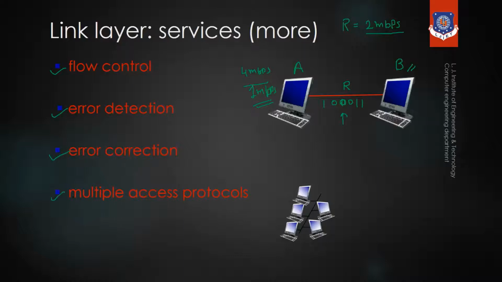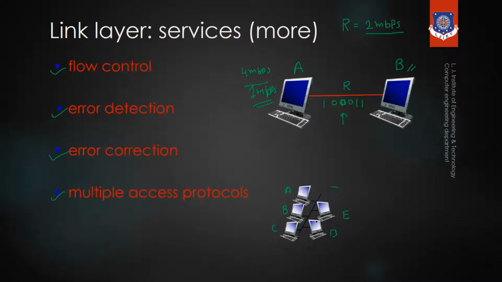The last responsibility is multiple access control. Now what is multiple access control? Here you can see that devices such as A, B, C, D and E are all connected via a single link. Now suppose all these 5 devices start sending data at the same time, there will be a collision in the network.